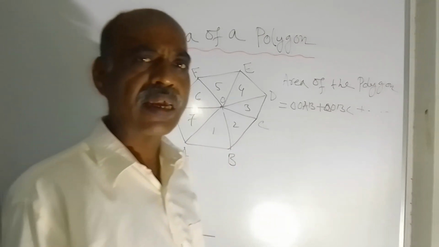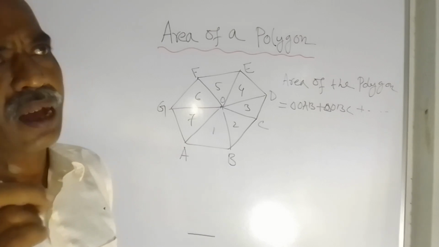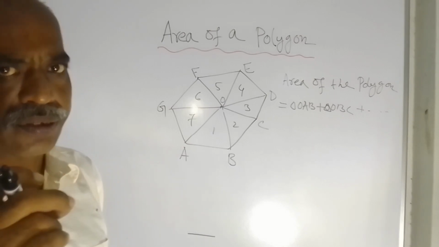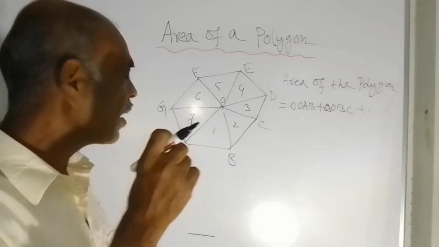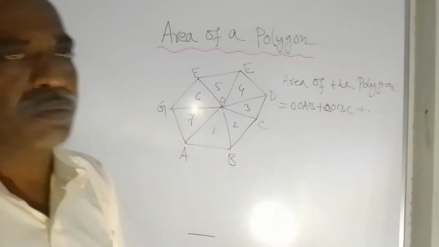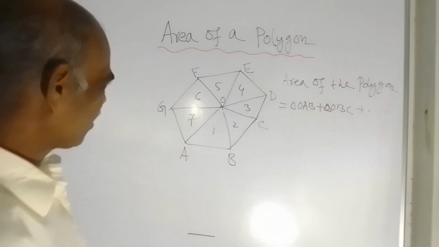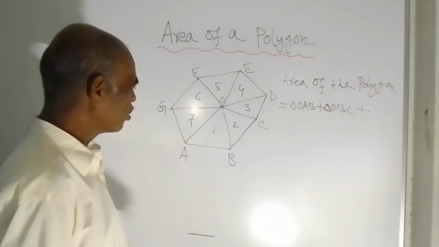So you just calculate area of a triangle and just multiply the number of triangles with the area of one triangle. Then you will get the area of the polygon. Right. So now I am showing you the procedure.